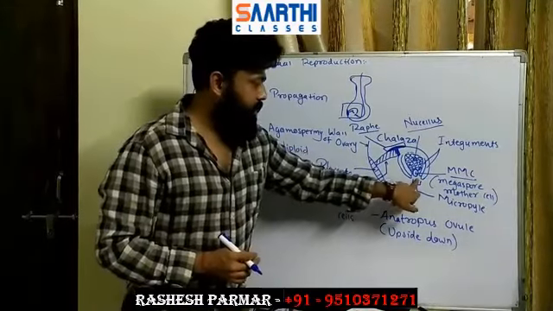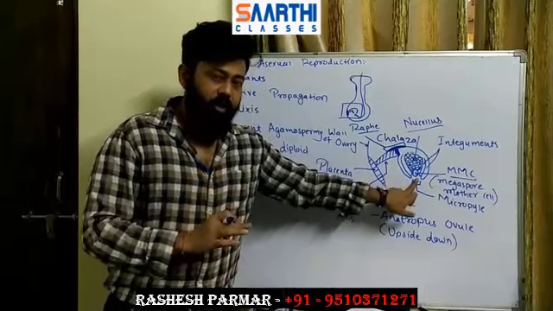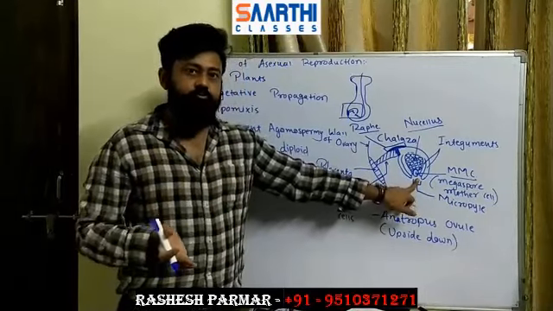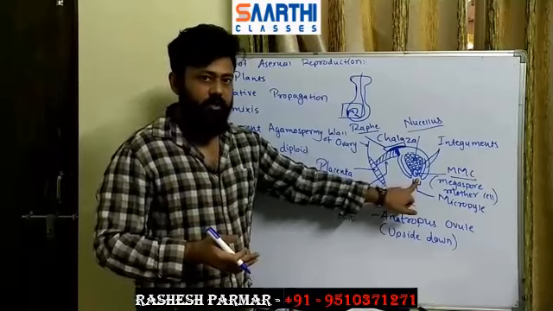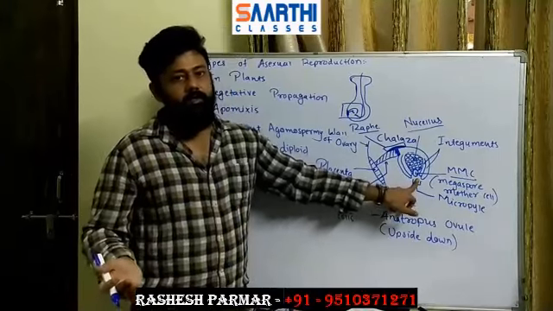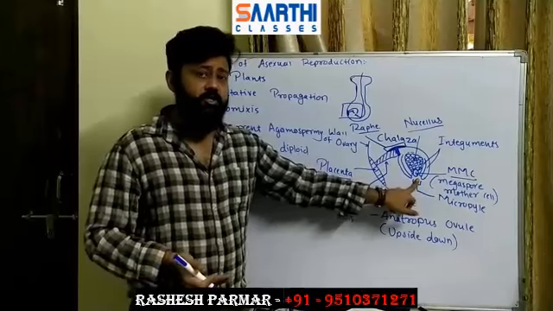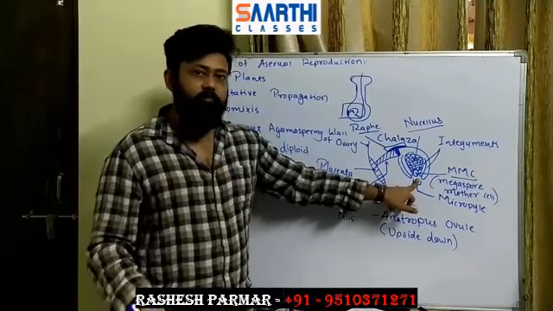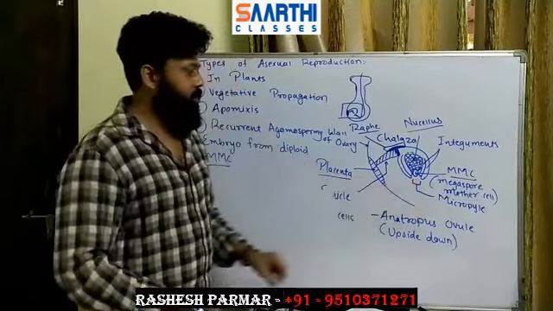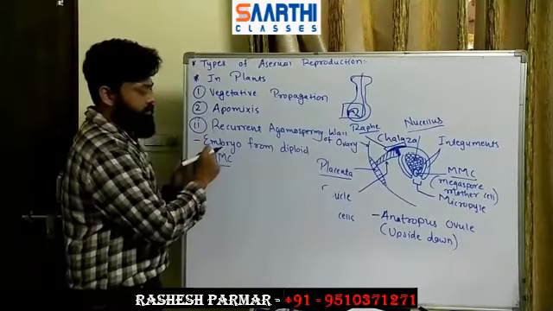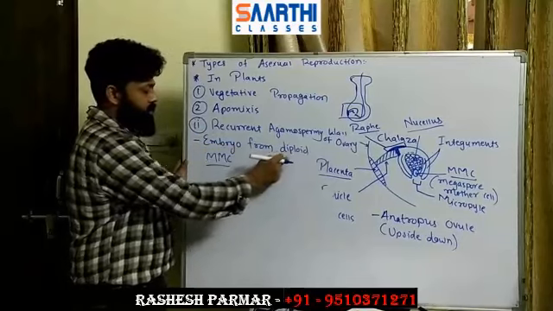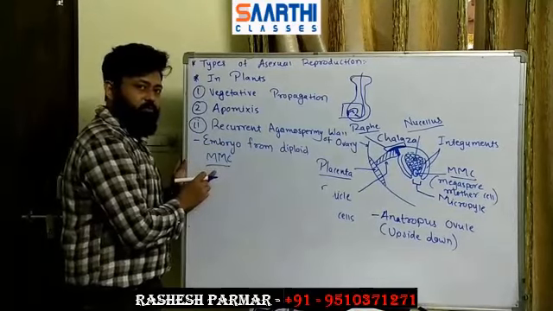Now this cell is initially diploid. When it gets converted into embryo sac, it becomes haploid in nature. Then if fertilization occurs, it will become diploid again. So initially it is diploid, so the embryo will be formed from the diploid megaspore mother cell.